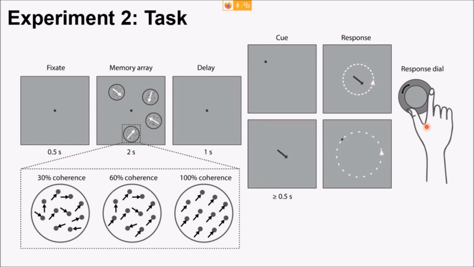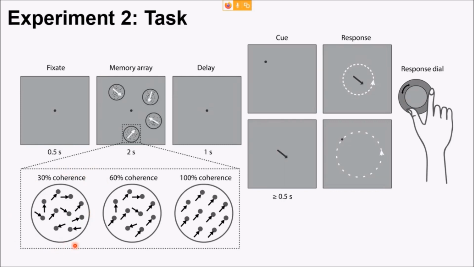So experiment 2 used the same task design as experiment 1, but rather than ellipse stimuli, we used random dot kinematograms. And the feature of interest was the direction of motion of the dots within each item rather than orientation. The variability with which direction was stored was manipulated via the coherence of the motion of the dots in each item.